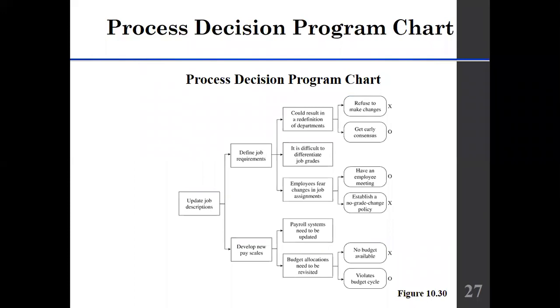In this figure 10.30, this figure shows such a chart in tree form. The outline form is not presented here. So this is actually the process decision program chart, and it is like a tree chart.